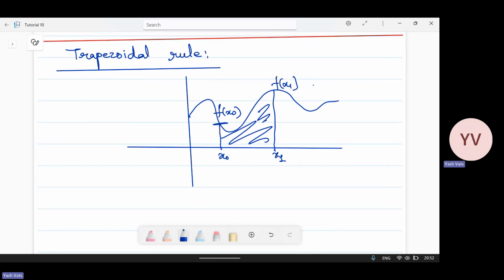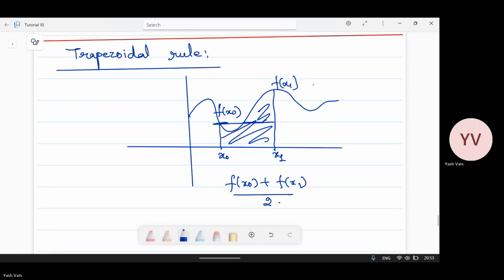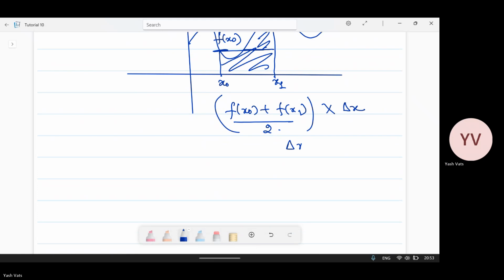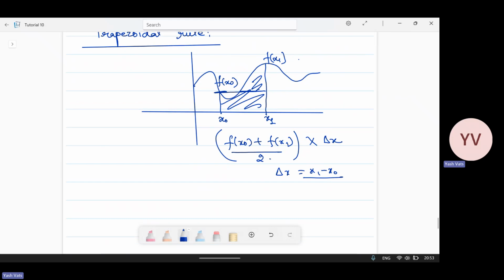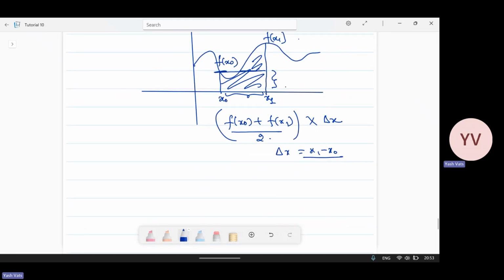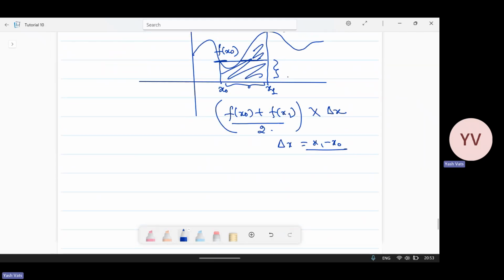Then you take the average, f(x0) plus f(x1) by 2, into del x, which is x1 minus x0. So this is the length of the rectangle and this is the average. So this gives you the area in some sense.